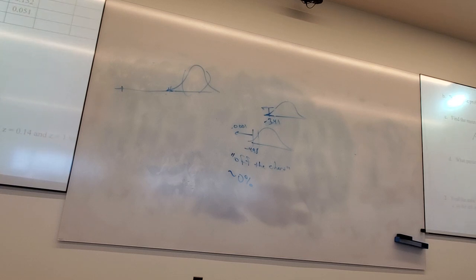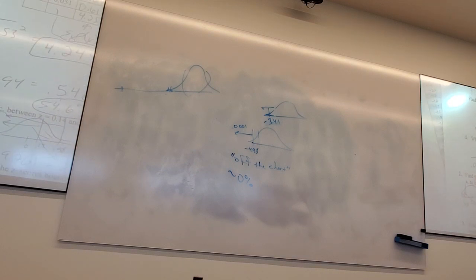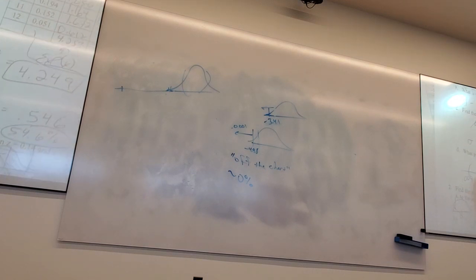What percentage is within one standard deviation? Well, I can't answer that question until I figure out what this is. So how do I figure out within one standard deviation of the mean? I put the mean, 4.25, in the middle, I go up one standard deviation, I go down one standard deviation. So if I subtract a standard deviation and add a standard deviation, which data points did I catch?